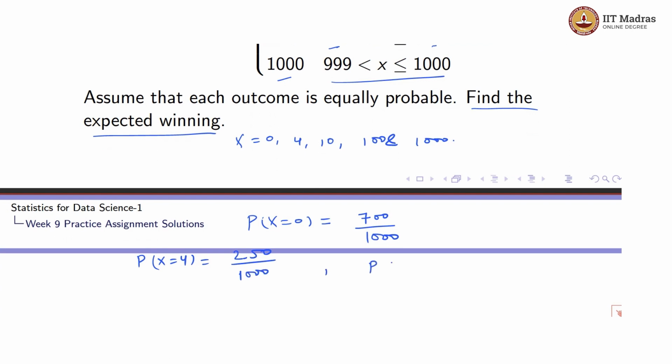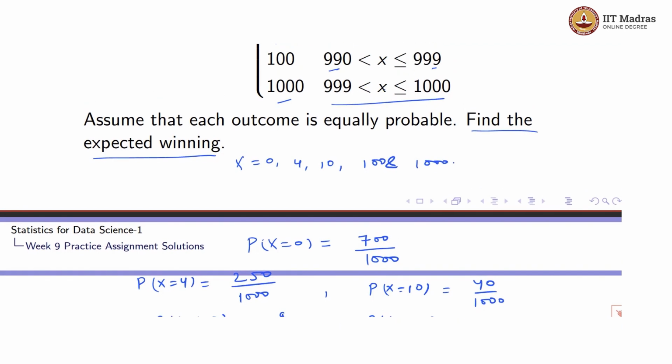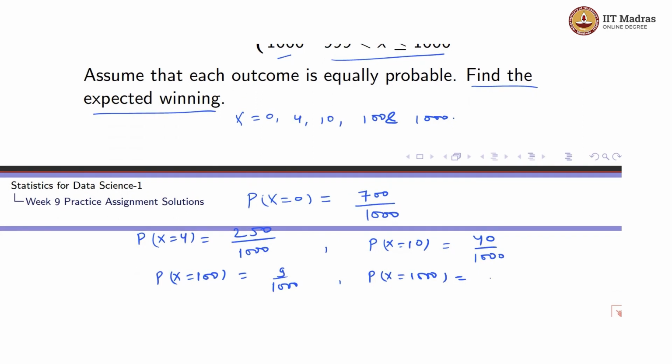Similarly, you'll get 10 rupees with the probability 40 upon 1000, and you'll get 100 rupees with the probability 9 upon 1000. You'll get 1000 when you get the number 1000, that means 1 upon 1000.